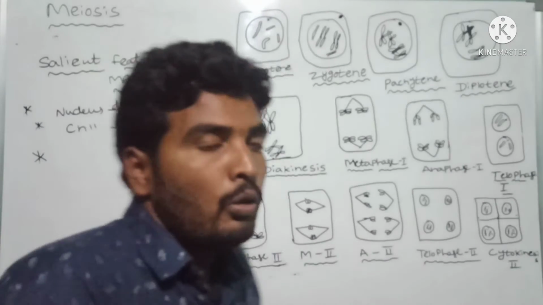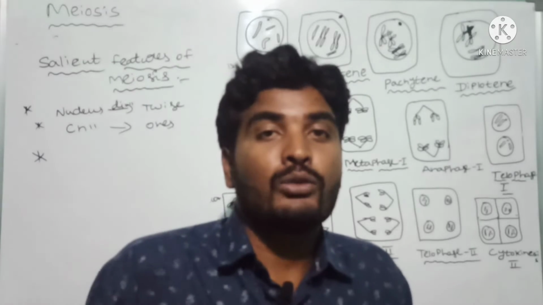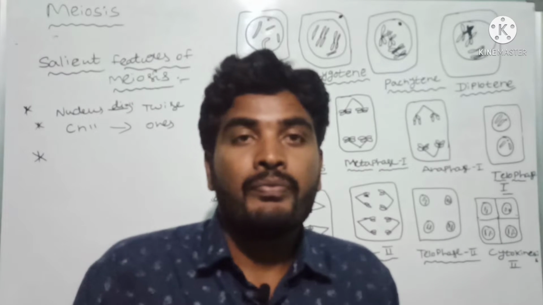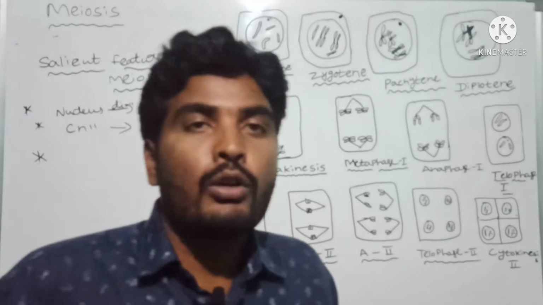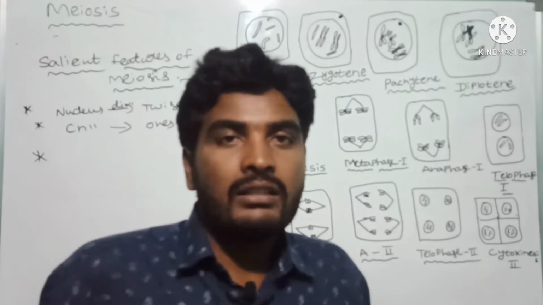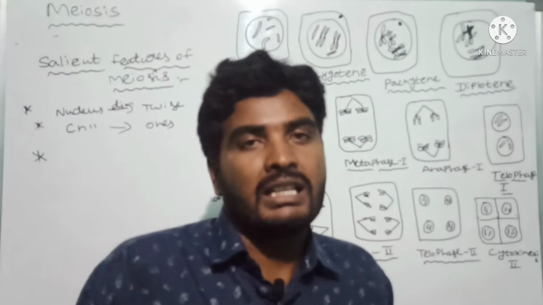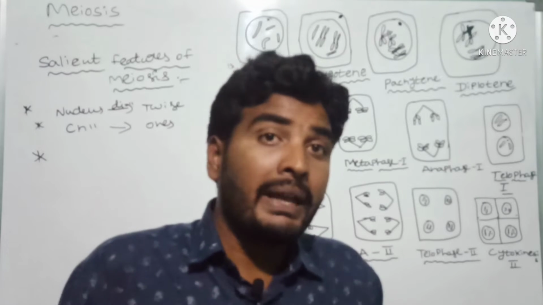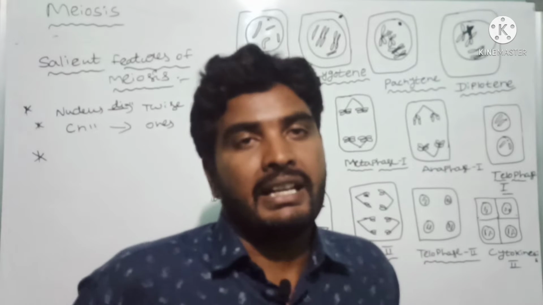Homologous chromosomes appear and crossing over is involved. After completion of meiosis, 4 cells are formed. Each of these cells has half the chromosomes of the parental cell and one-fourth of the DNA content.